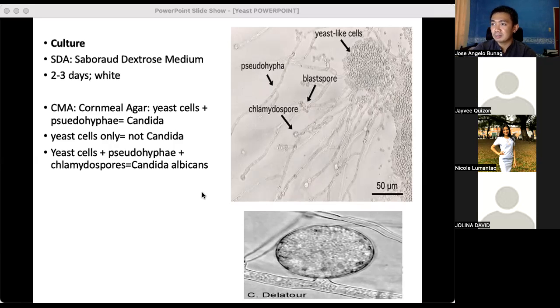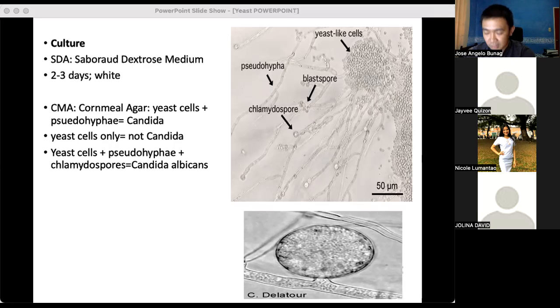So this may be a guide to you if you are using culture medium, specifically cornmeal agar. When you see a colony, get it and observe that under the microscope. If you see a yeast cell plus pseudohyphae, this is Candida. But if you only see a yeast cell, this is not Candida.